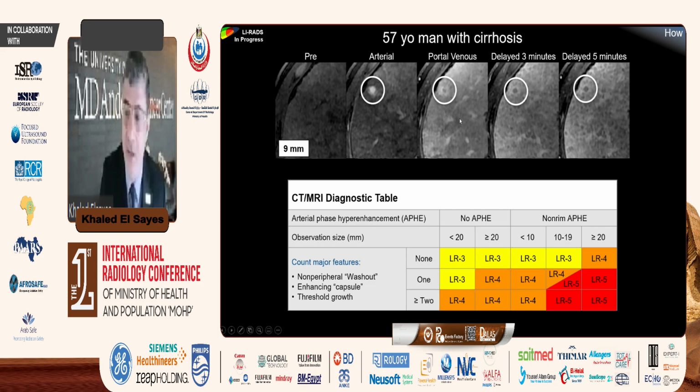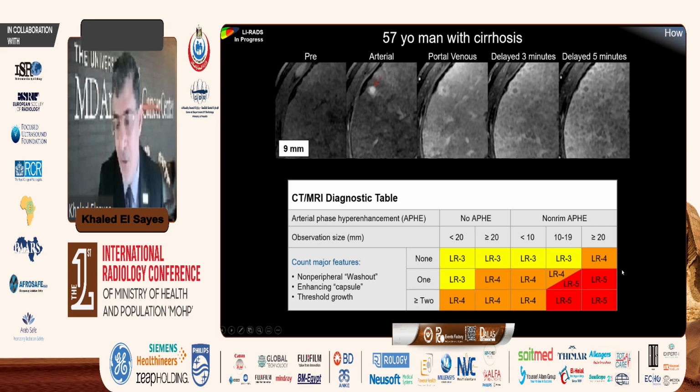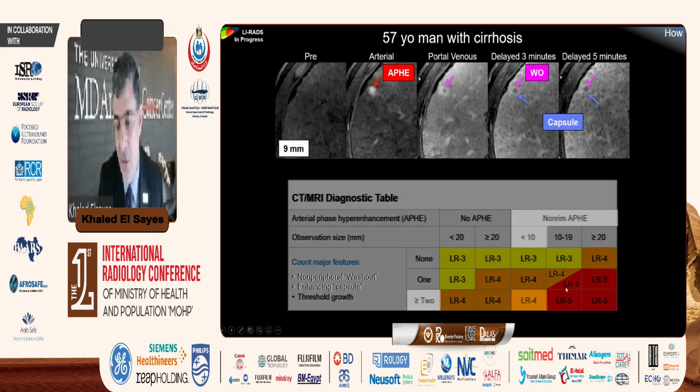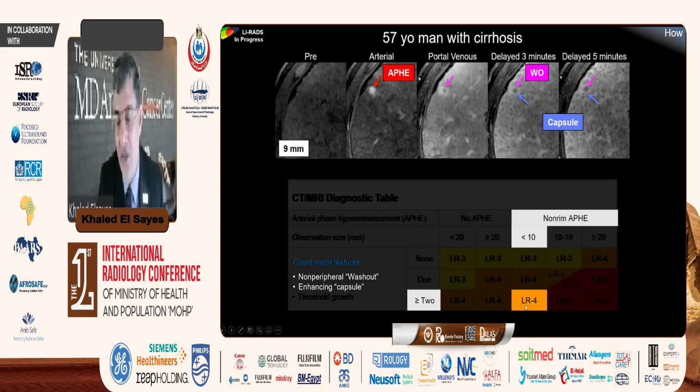This is 9 millimeters, and the key point here is that you cannot upgrade this category to LR-5. If we apply this table, we have arterial phase hyperenhancement, enhancing capsule and washout, but because it's less than 10 millimeters, it will be LR-4 in this case, right?